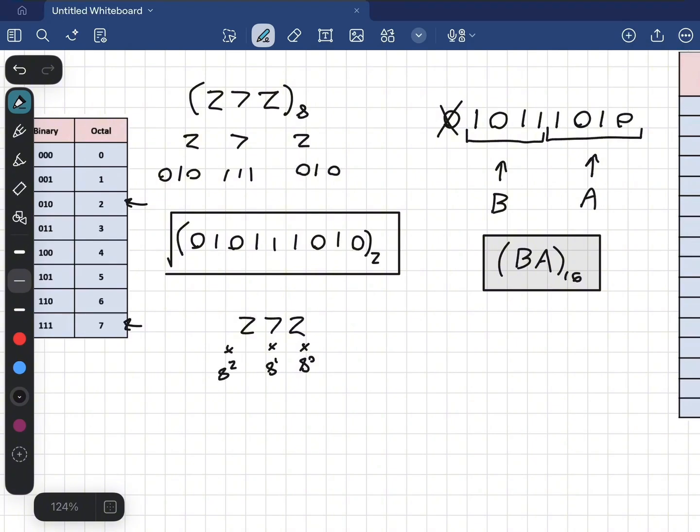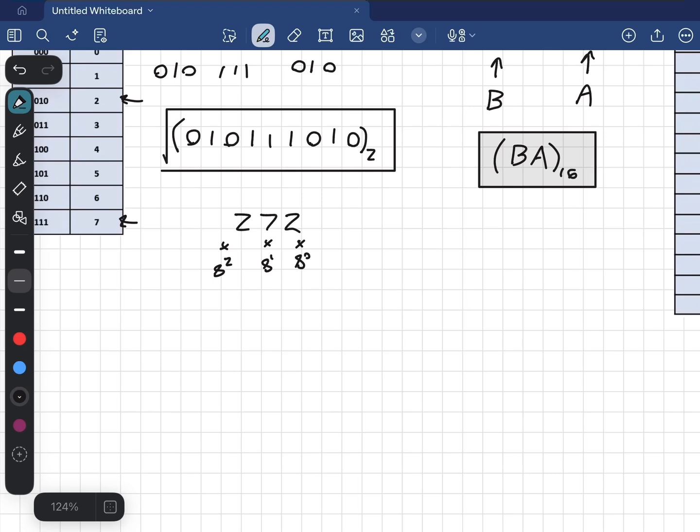And the reason we're using 8s is because you can see over on the initial question that the form is in octal, which is 8. If this were in hexadecimal form, we would be multiplying it by 16. So to add all the math up, we will do 2 multiplied by 8 to the second power plus 7 multiplied by 8 to the first power plus 2 multiplied by 8 to the 0th power.